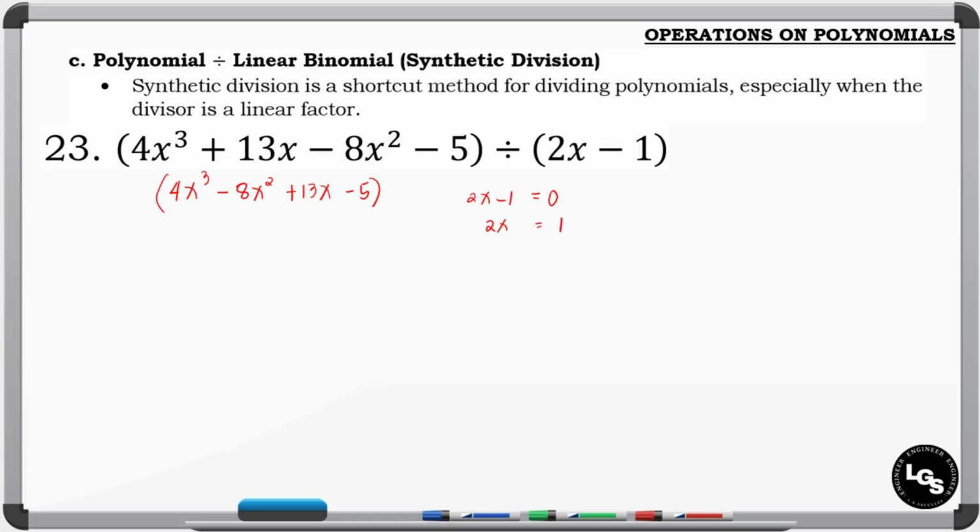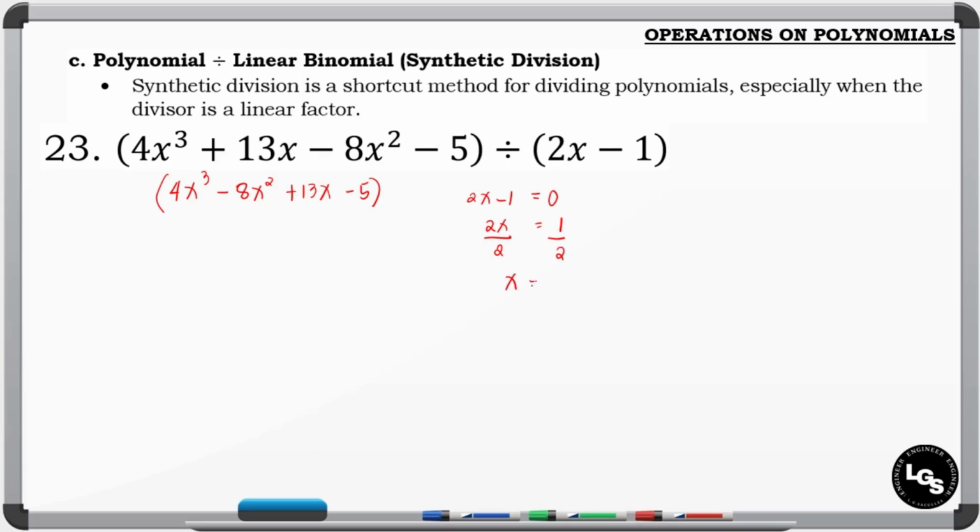So take note, if we're getting the divisor root, the coefficient of the variable here should be 1. So in this case, there is a 2 as a coefficient, so we need to divide this by 2, and if you divide this by 2, you need to divide the other side by 2 also.